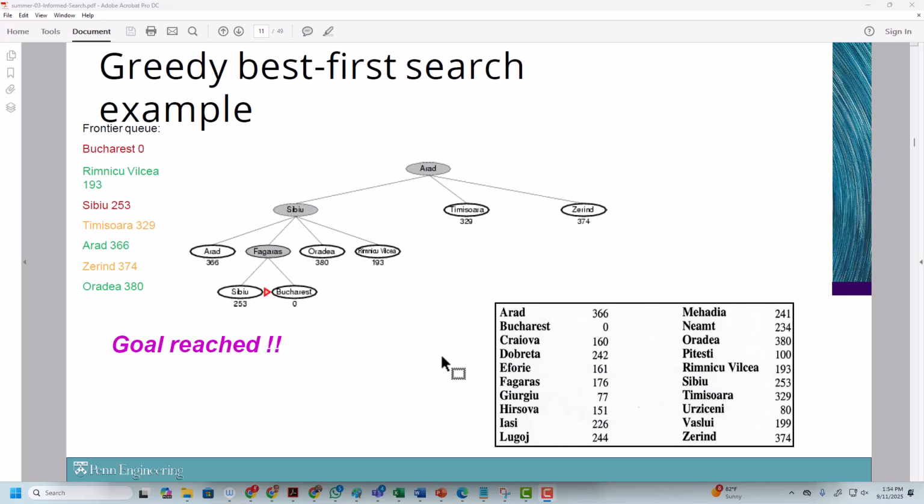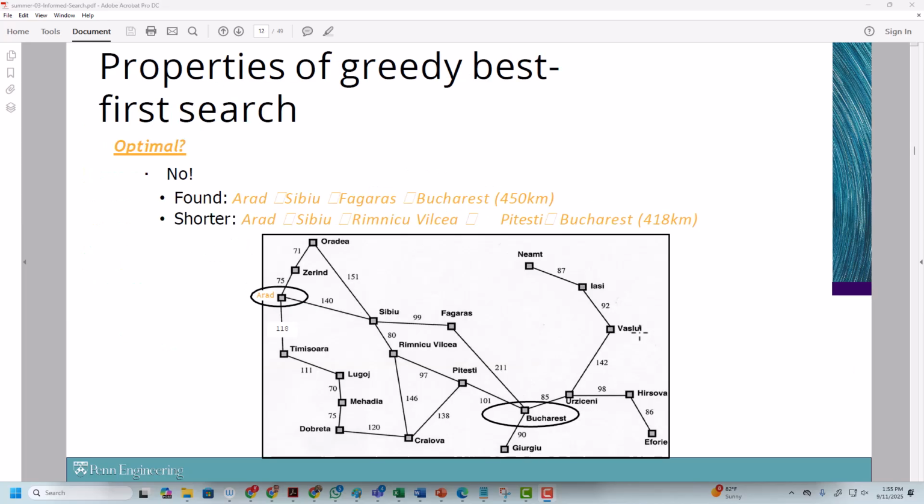Now if we expand Fagaras one more time, we get Sibiu, but also Bucharest. And Bucharest is our goal node, so our search stops here. It's done very fast, with very few expansions. But greedy best-first is not guaranteed to be optimal. You have to understand that.